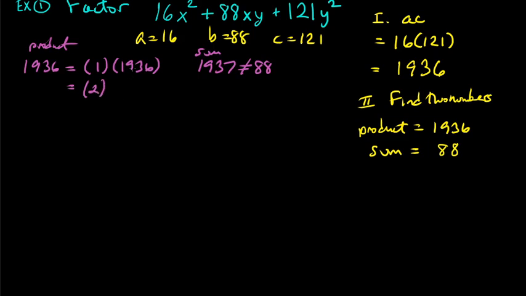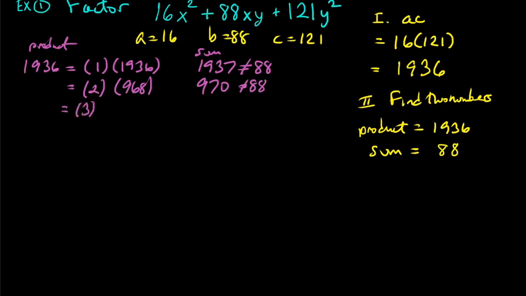So the usual way is to just divide by 2 next. When you divide by 2, you get 2 times 968, and 2 plus 968 is 970. Still not 88, right? And you can see this could take a while.